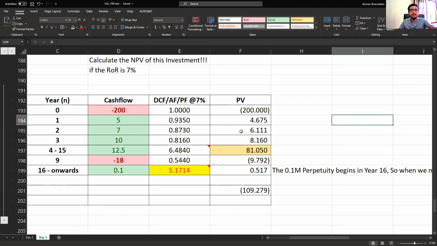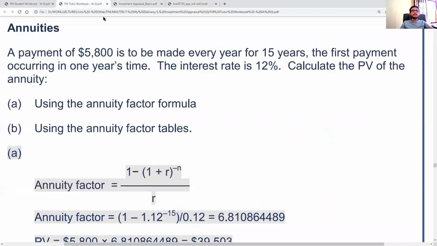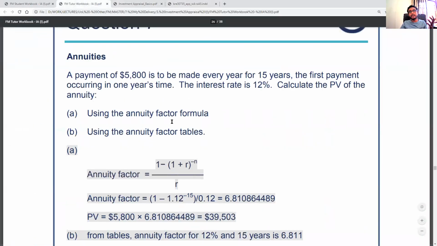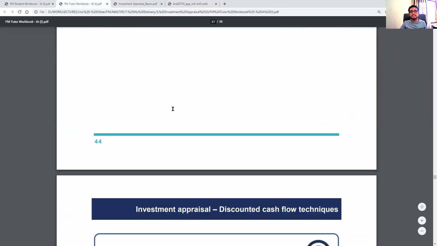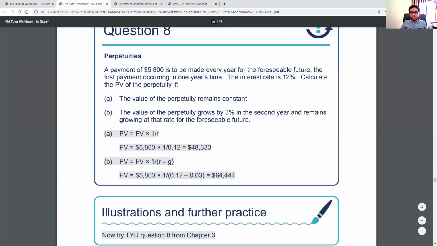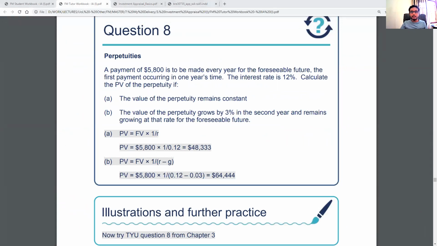Okay, all right. So if you are clear on this for now, there are plenty of sums you can try. Now you can go back to your study guide and start working on those examples. Next week we will introduce investment appraisal scenarios, capital rationing, unequal projects, like comparing projects with different life cycles.